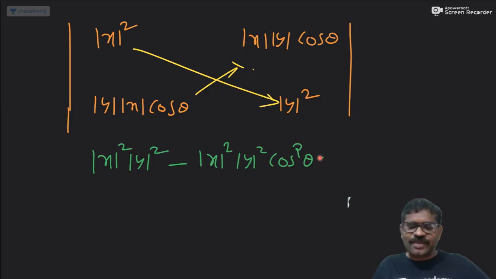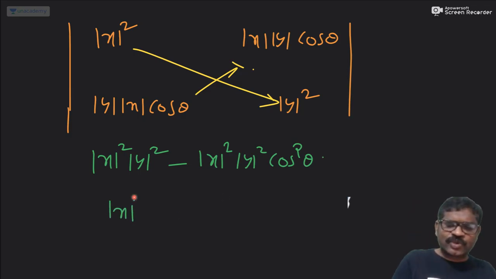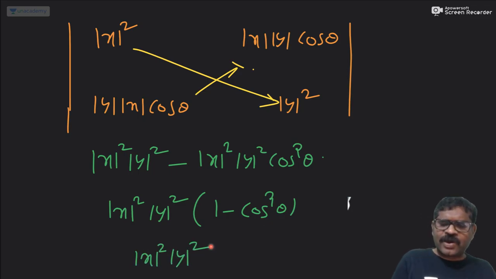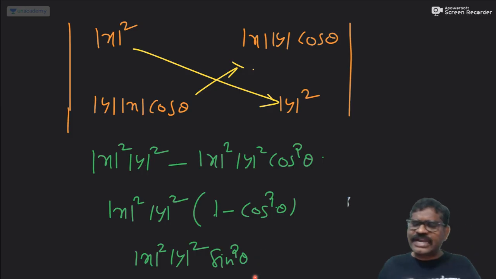You take mod x whole square, mod y whole square common. Mod x whole square, mod y whole square, of 1 minus cos square theta. 1 minus cos square theta is sin square theta. Look at the entries.